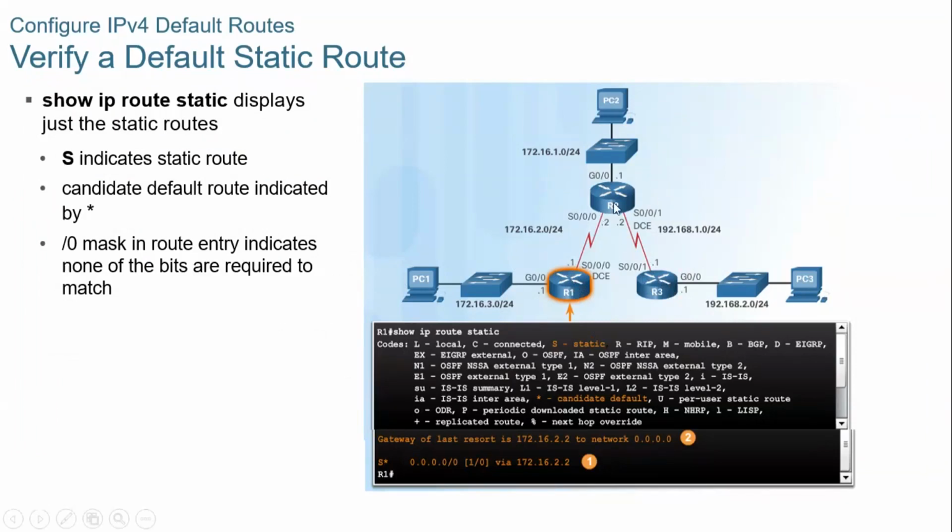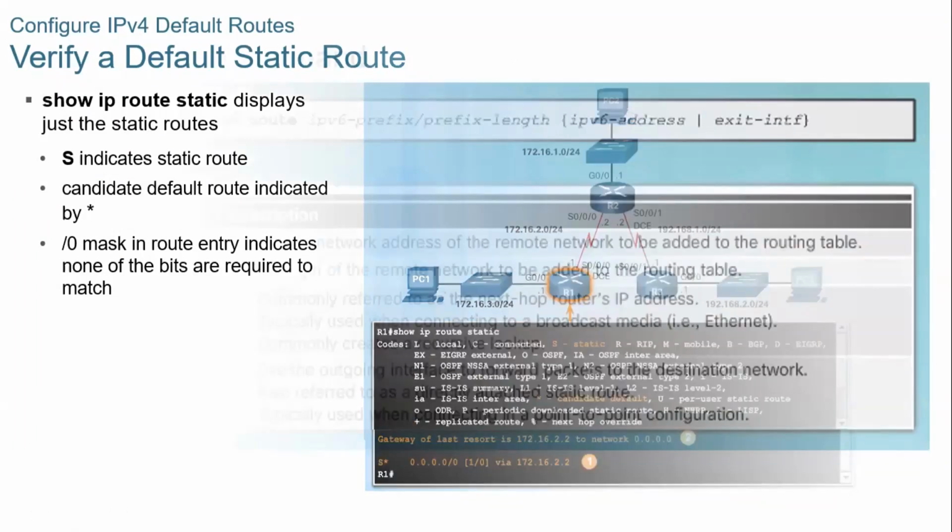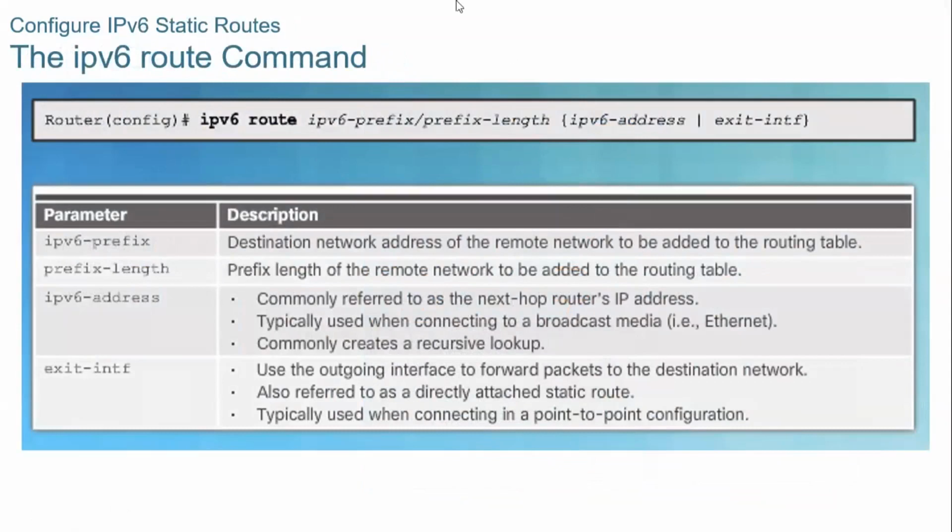But for R2, it is not a stub network, so it cannot have a default route. Which default route are you going to use? So you cannot just apply default route everywhere because it doesn't make sense. You have to think about where to use it. For default route of IP version 6, we do have the same thing.